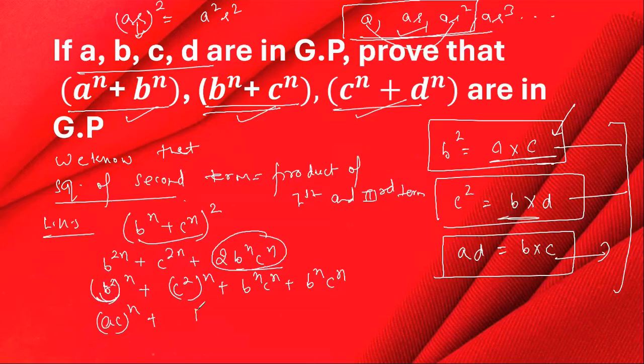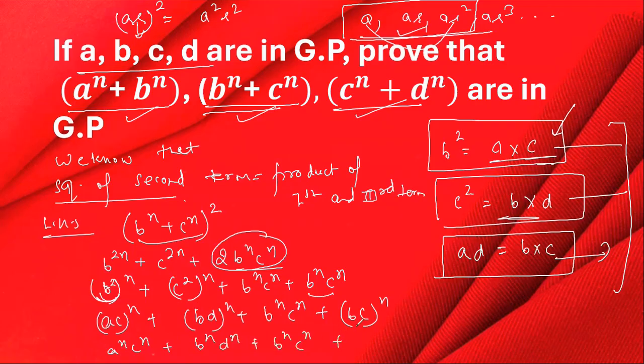I got it from BD, so BD raised to the power n, plus B raised to the power n, C raised to the power n, plus BC, which equals AD, so I write AD raised to the power n, and again write it as A raised to the power n and D raised to the power n. Okay, so this I got from LHS.